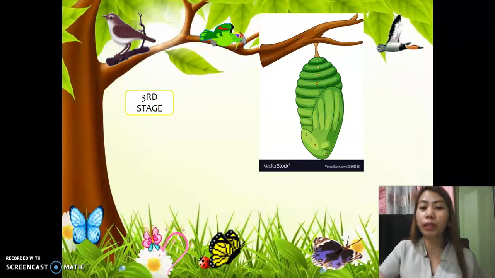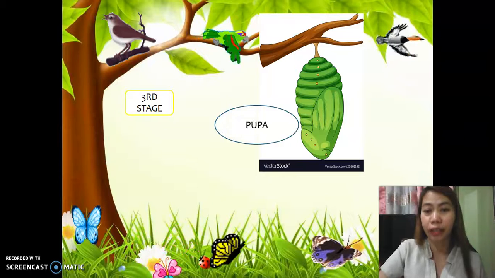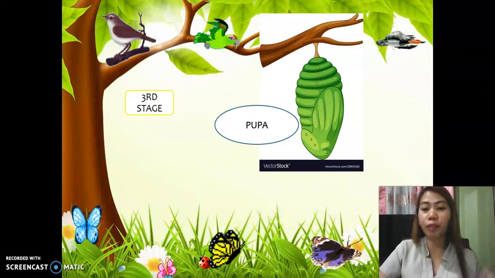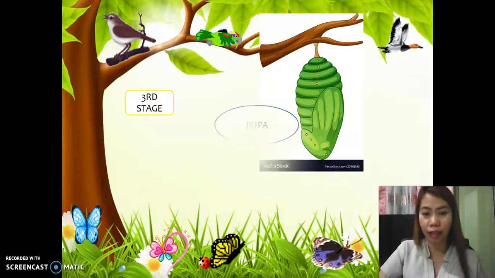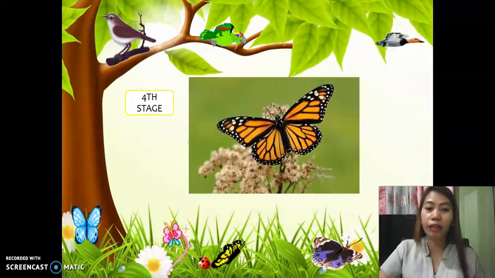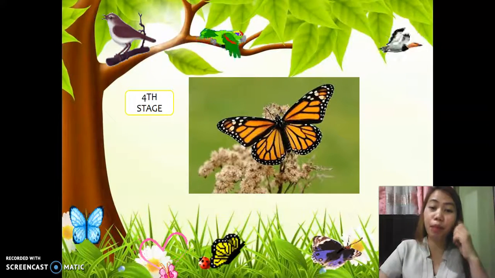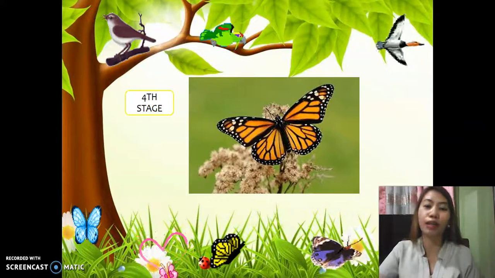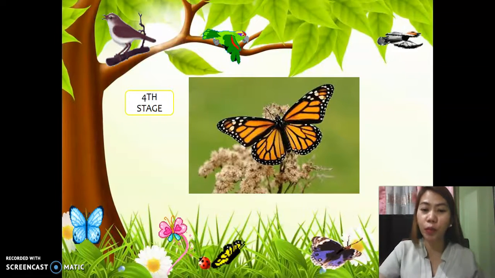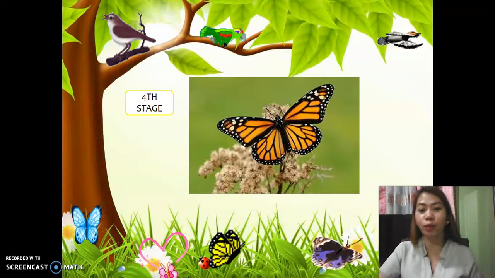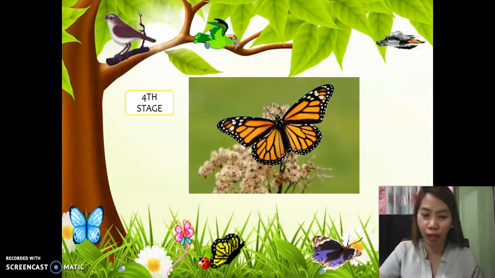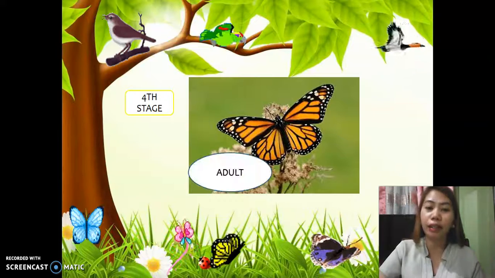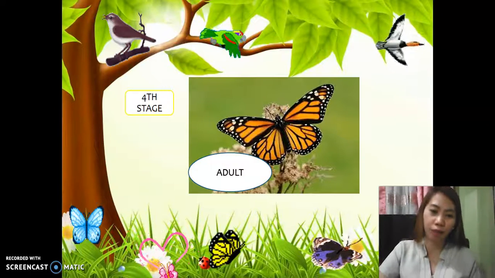Okay? Now, for the third stage, we have this one. We have the cocoon. Yung balot niya, children, that is the cocoon. Okay? We call this stage the pupa. Pupa, or the other term for this, is chrysalis. And then, for the last stage, the most known stage is the adult stage. Okay? In this stage now, you can see the beauty of a certain butterfly. Makikita mo na yung kagandahan niya. We call this the adult butterfly.